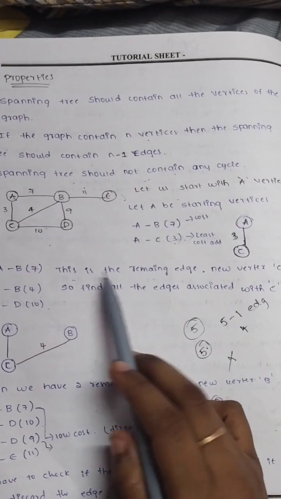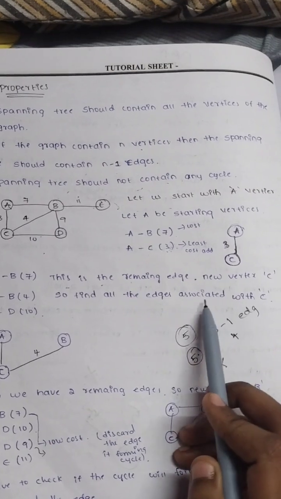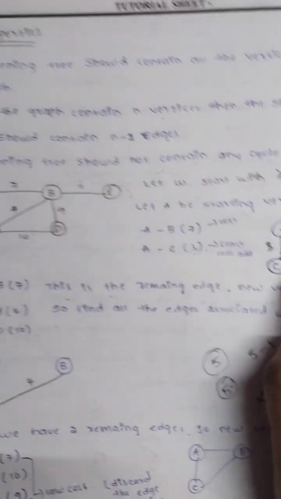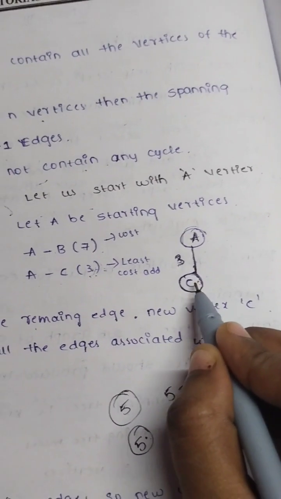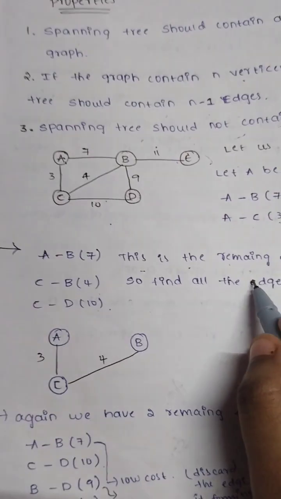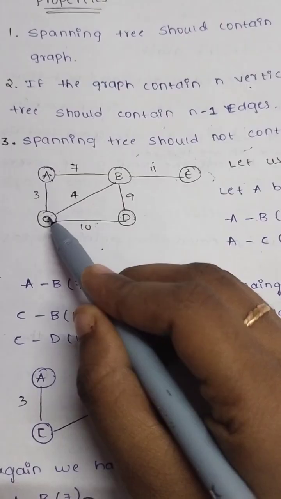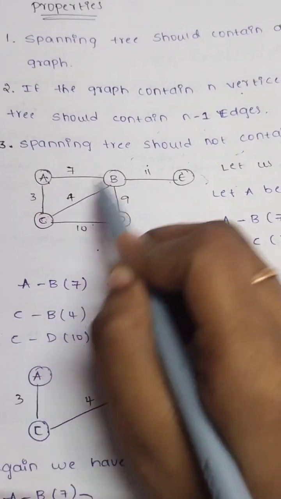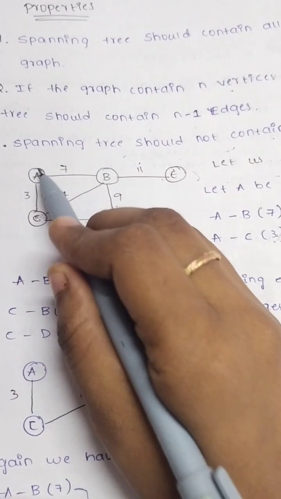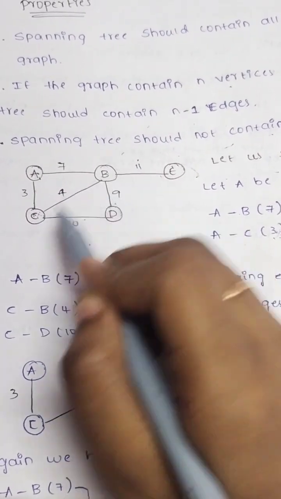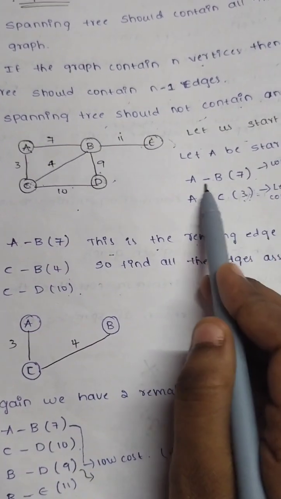Now the new vertex is C. We find all the edges associated with C, which are C to A, C to B, and C to D. A to C is already completed, so we should not consider it. We consider C to B and C to D. A to B remains as it is, because it is not deleted.